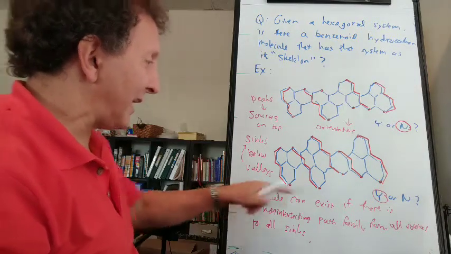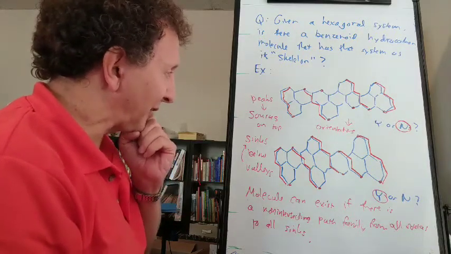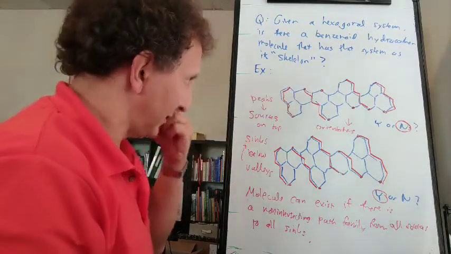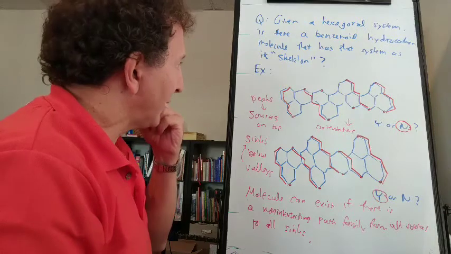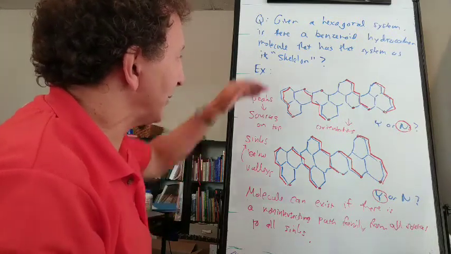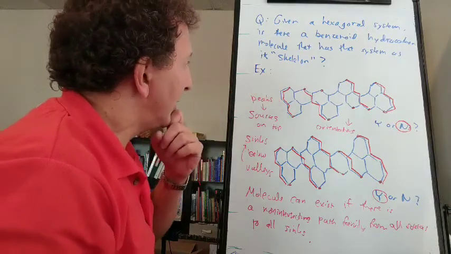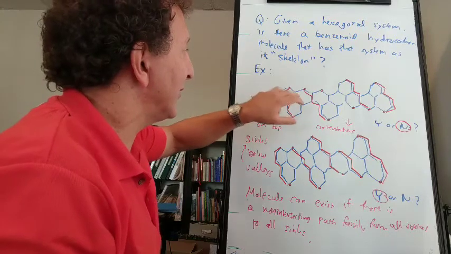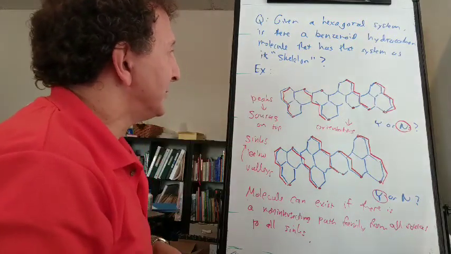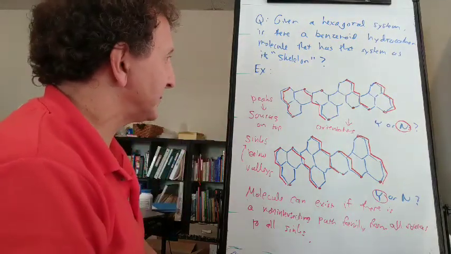Now, I said the molecule can exist if there's a non-intersecting path family. Not that it certainly exists, because, if we just had a row of hexagons, then we've got an easy non-intersecting path family from all the peaks to all the valleys. For a row of 1 hexagon, 2 hexagons, 3 hexagons, 4 hexagons, etc. For any natural number of hexagons, I guess we could do it.